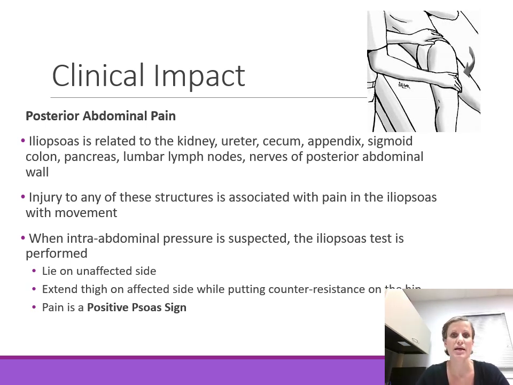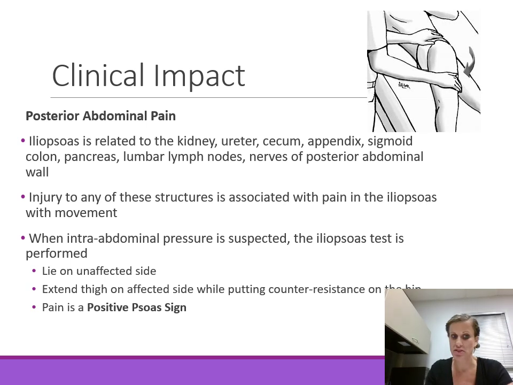We can utilize that to test for an injury and increased intra-abdominal pressure that's associated with the injury. The iliopsoas test can be performed, and a positive test indicates that there is some sort of injury and pressure increase in the abdominopelvic region.